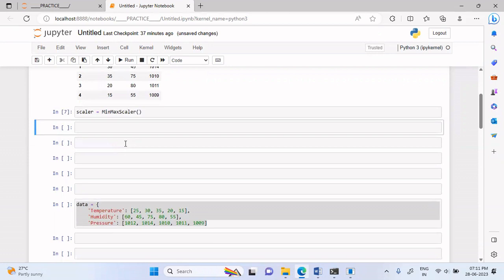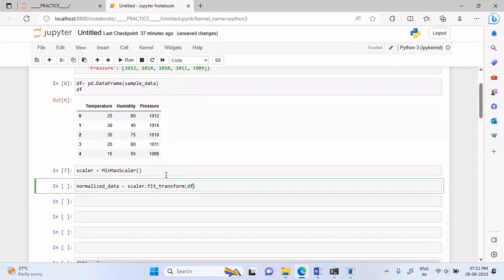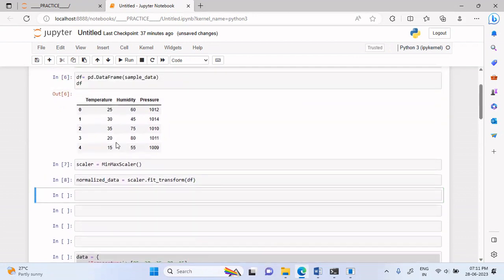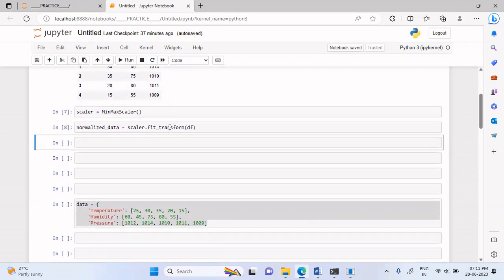So now apply min-max normalization to the data frame. normalized_data is equal to scaler.fit_transform(df). We applied min-max normalization on this data frame.